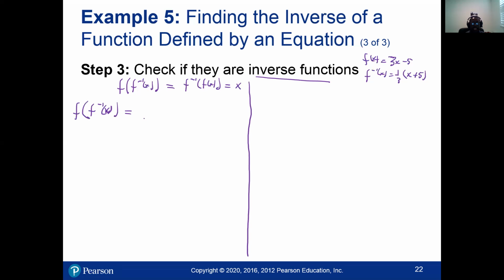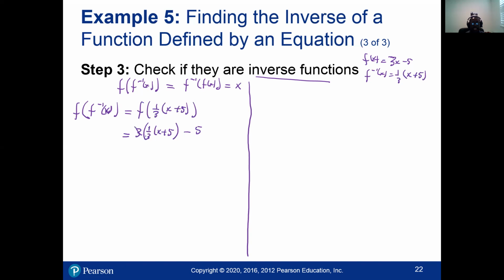Then f inverse of x is 1/3 x plus 5. So we plug in 1/3 x plus 5 into f. Since f of x is 3x minus 5, wherever we see x, we plug in that whole expression, minus 5.